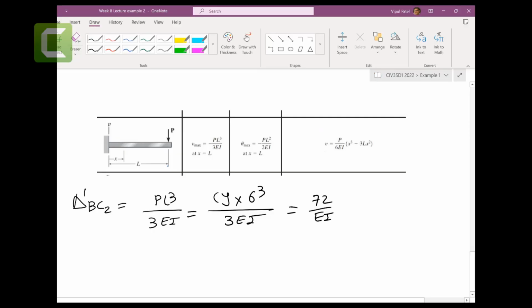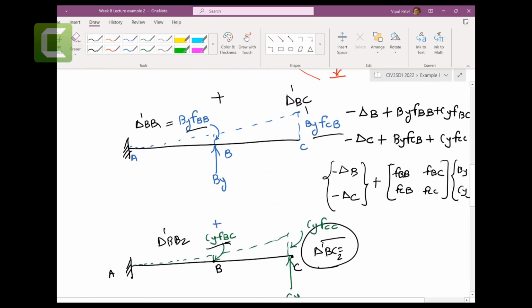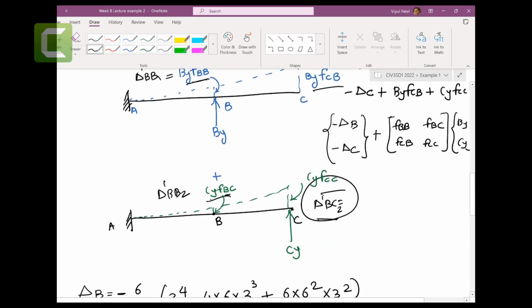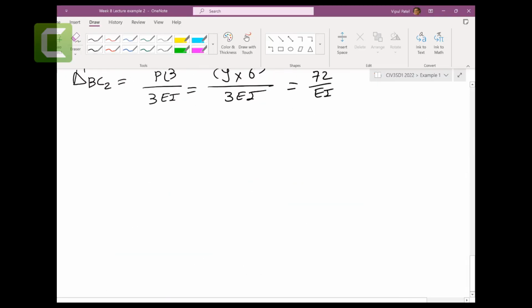Now there is one simple rule. Let me find another one as well. We found these ones. Let's find another one, that is FBC, delta dash BB2.